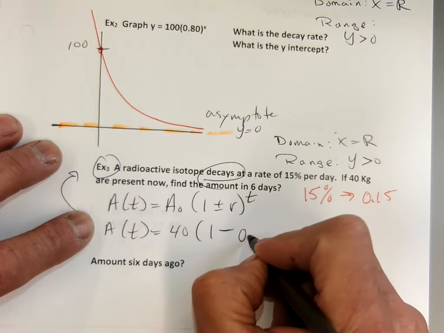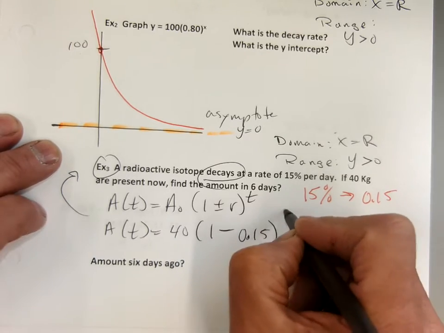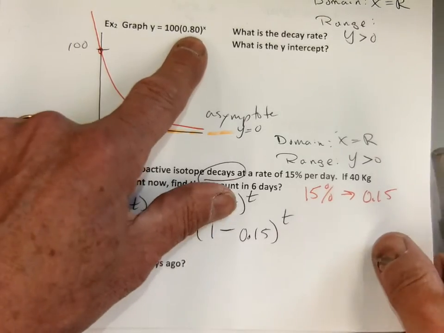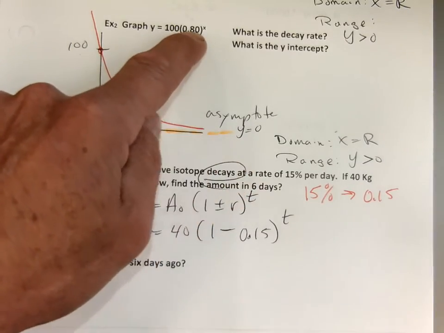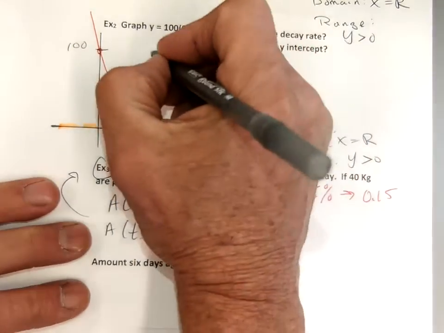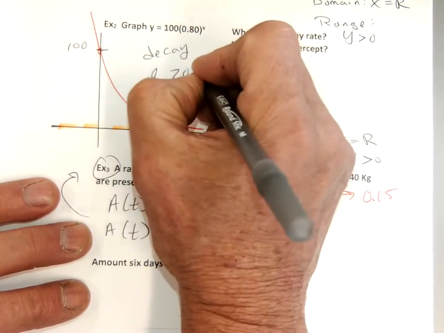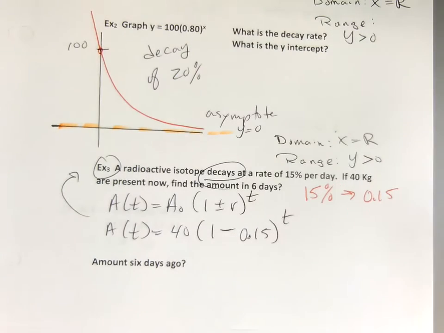So 0.15 to the t power. So I have an equation for that. So my decay rate is 15%. The decay rate above is 20%. Does that make sense? This one's a decay of 20% because 80% is left over.